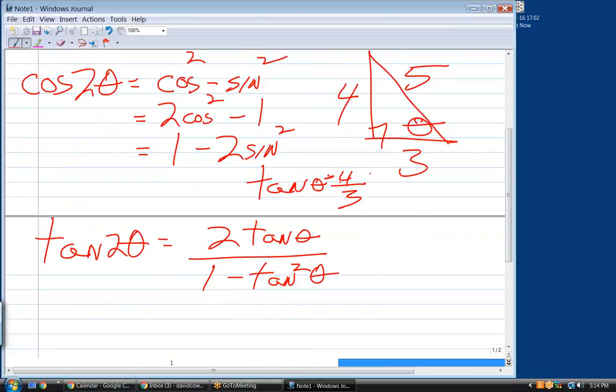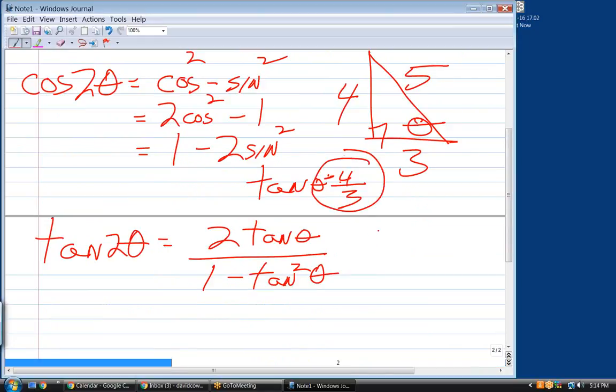It's in the fourth quadrant, so it's minus 4/3. So let's plug it in. 2 times minus 4/3 all over 1 minus, now the minus 4/3 is going to become positive when it's squared. So tangent squared of theta is 16/9, positive.